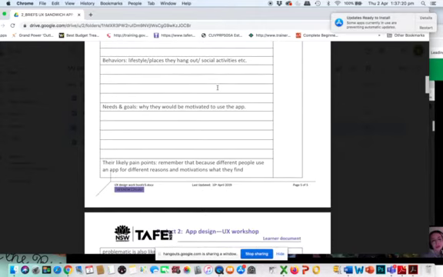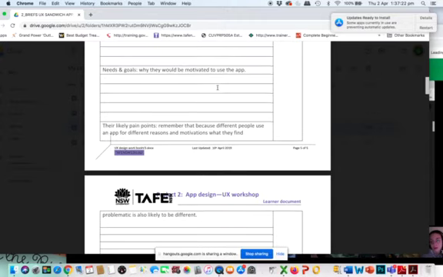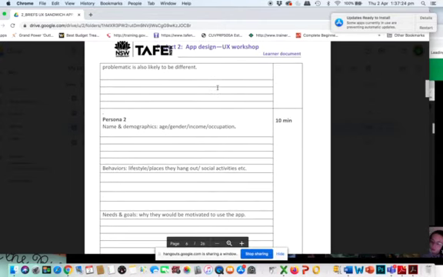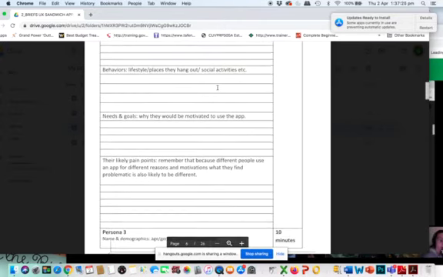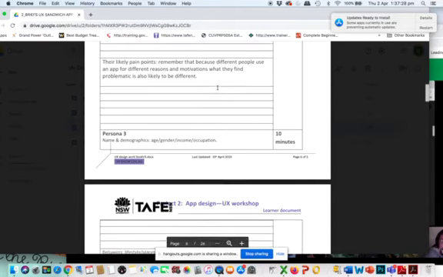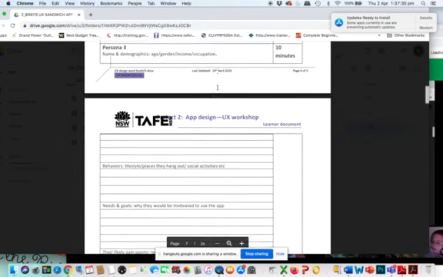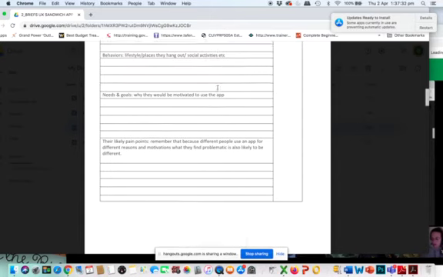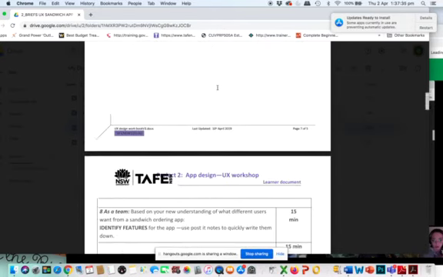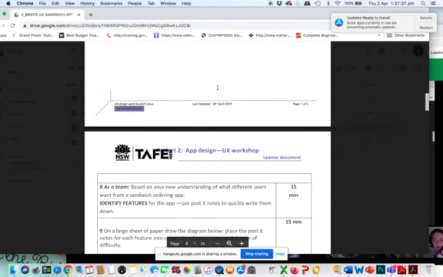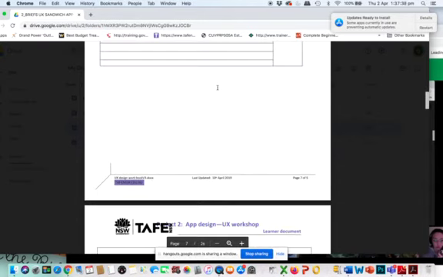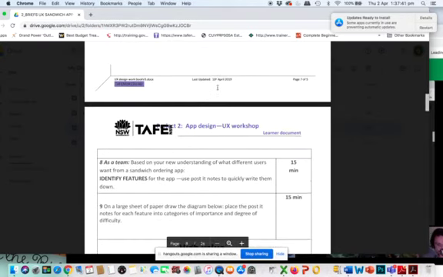So why do you think they would use the app? And you've got a couple of those to do. So you're trying to really get a sense of who typical kinds of users are. And so there's usually 3 or 4 categories. I think we've just limited it to 3. Whatever I put in there, 3 or 4.